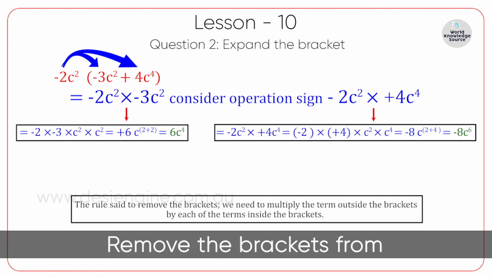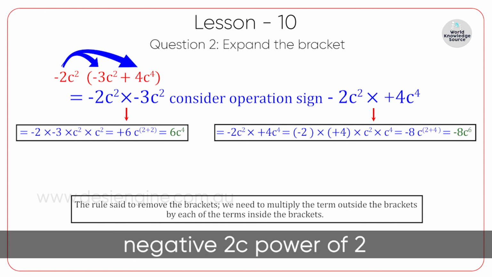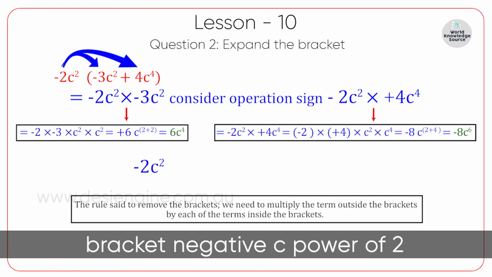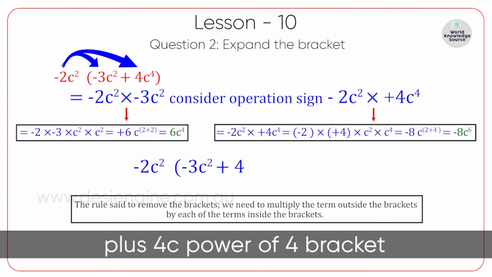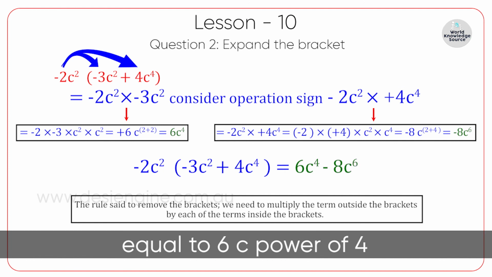Therefore, removing the brackets from negative 2c power of 2, bracket negative 3c power of 2 plus 4c power of 4 bracket, equals 6c power of 4 minus 8c power of 6.